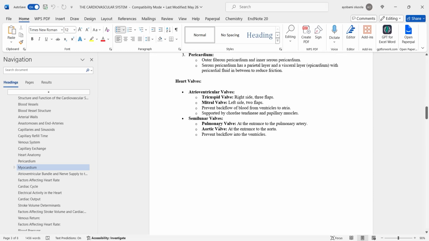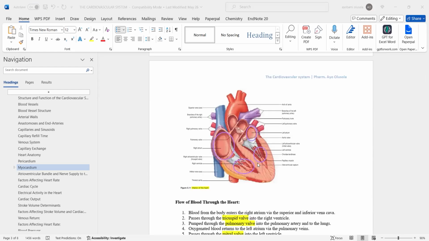Then the pulmonary valve is at the entrance of the pulmonary artery, so it's between the right ventricle and the pulmonary artery. While the aortic valve is between the left ventricle and the aorta, and it prevents the backflow of blood into the ventricles. So the heart has 4 chambers and has 2 sides, left side, right side.